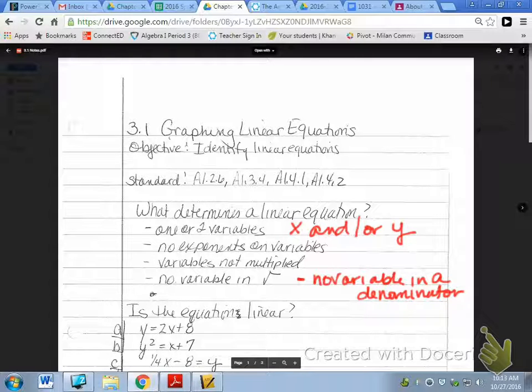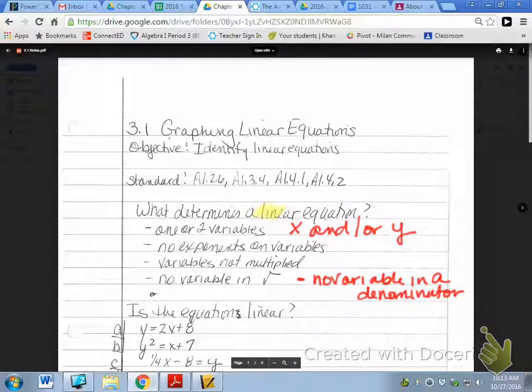No variable in the denominator. For it to be a linear equation, the primary focus out of that would be the first four. If it's a linear equation, we're going to find that it makes a line, and that's why it's really important to be able to identify if it's linear or not.